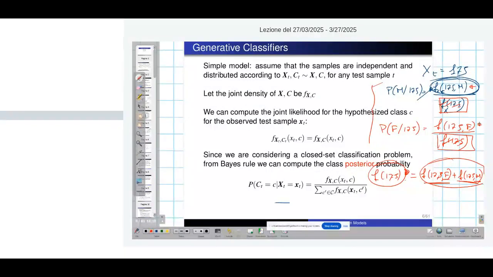Notice that to compute the posterior, I need to know all the joints. To compute the marginal, once I know all the joints, it's just a matter of summing the numerator of these fractions. So if I have this model, I have the solution to my problem. I can compute for every class the probability of the class given the sample, and then I can compute which is the maximum one.